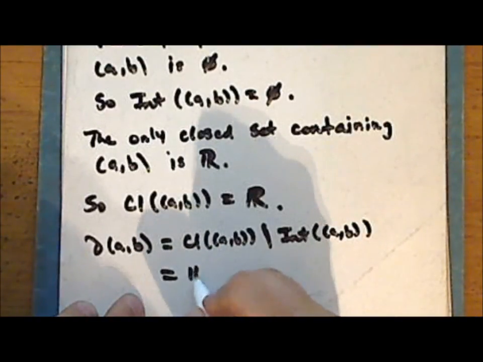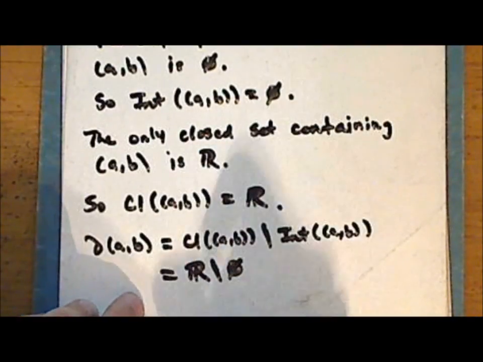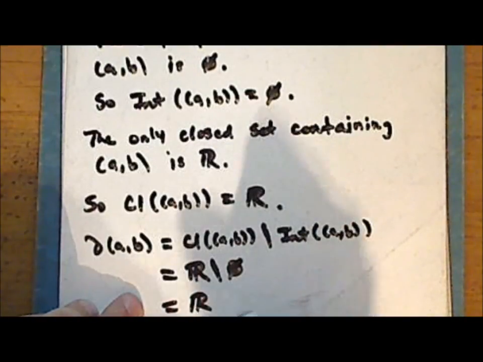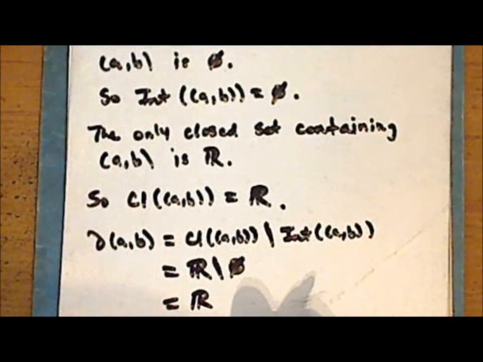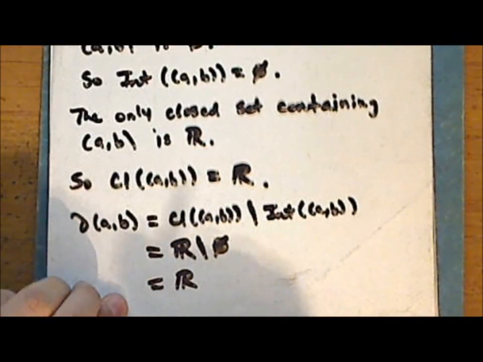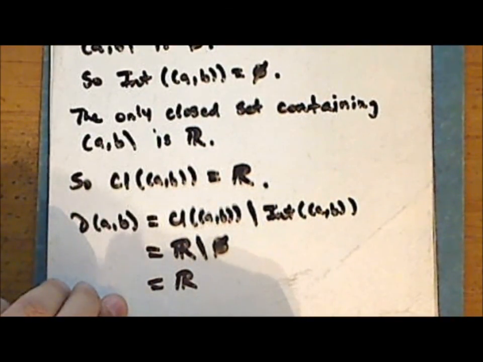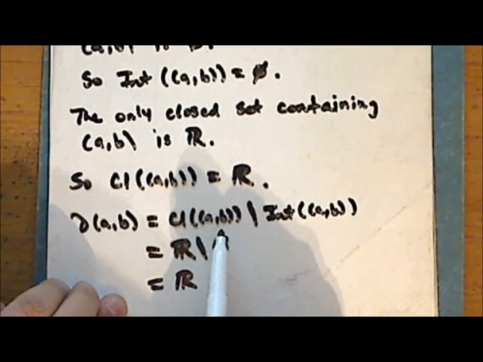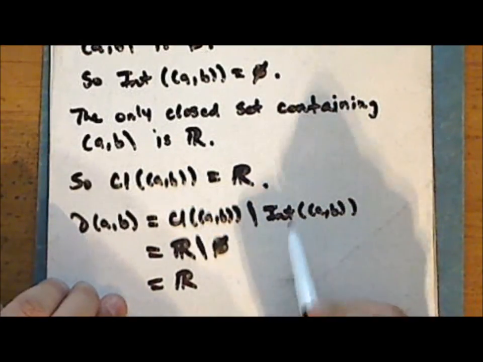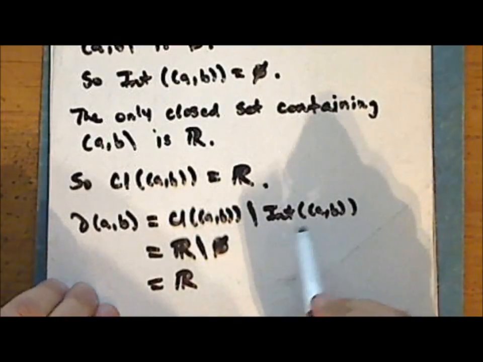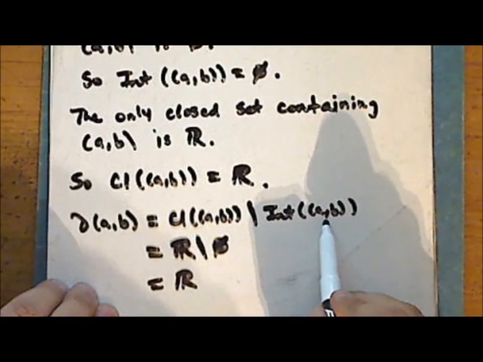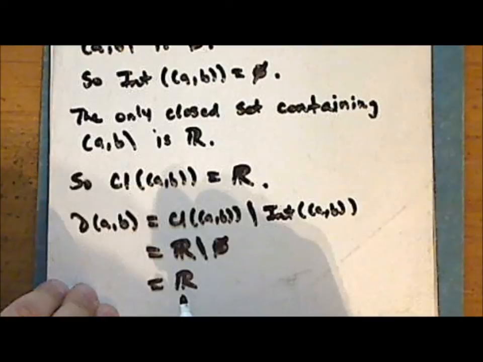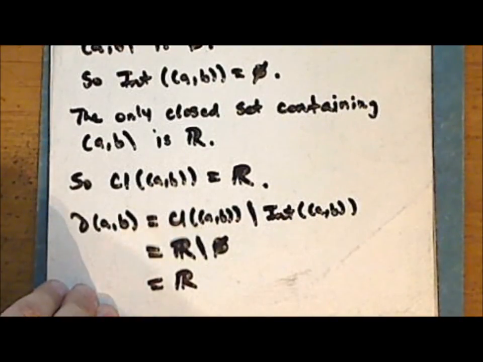And this is the entire set of reals, set minus the empty set, which is the entire set of reals. So again, as a geometric interpretation, the portion of the closure of the interval that completely encloses the subset of the interval that is open is the entire real line. Or, correction, the entire set of reals.